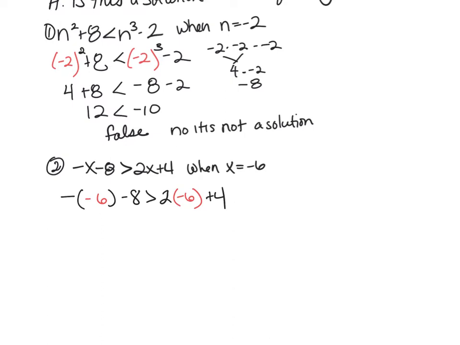Negative negative 6 becomes a positive 6, minus 8 is negative 2. And then 2 times negative 6 is negative 12, plus 4 is negative 8. Negative 2 is greater than negative 8, which is true. So yes, it is a solution.